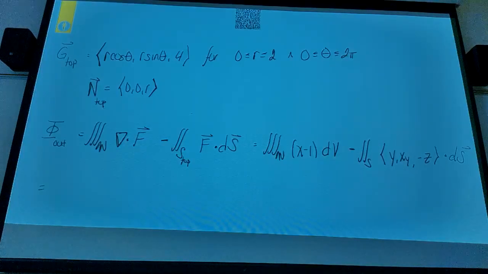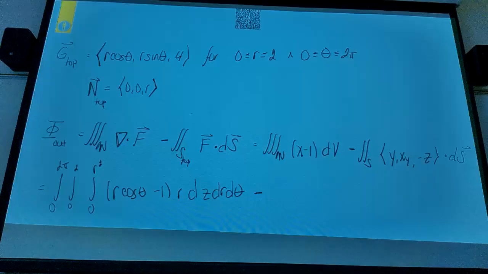Set this up. Here we go: 0 to 2 pi. We said r went 0 to 2, z went 0 to r squared, plus r cosine theta minus 1, r, dz dr d theta, minus, oh, this one's going to be a pain. 0 to 2 pi, 0 to 2.